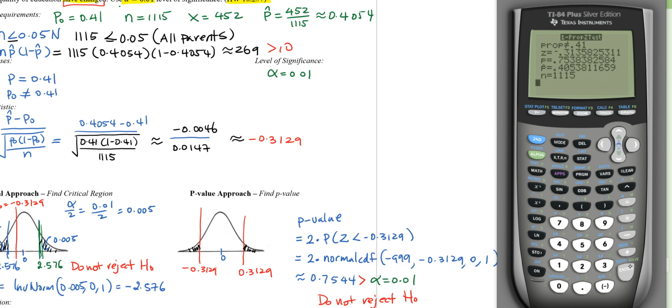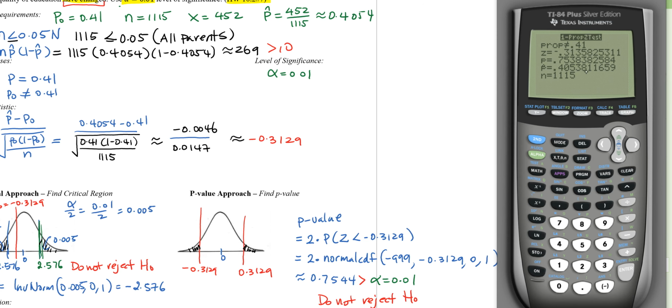Now notice that my test statistic z, the first number, is negative 0.31358 here. That's a value similar to what we got over here, right? Notice that we're doing approximation here, so it's a little bit off. The second one is our p-value. And this is p-hat, and that's your n. So you can always use your calculator to make sure that your calculation is correct.